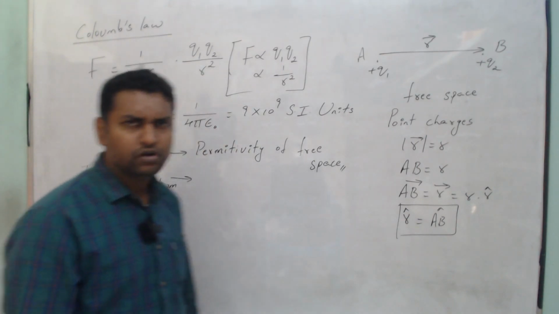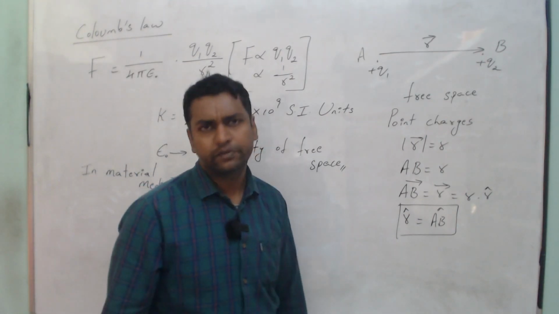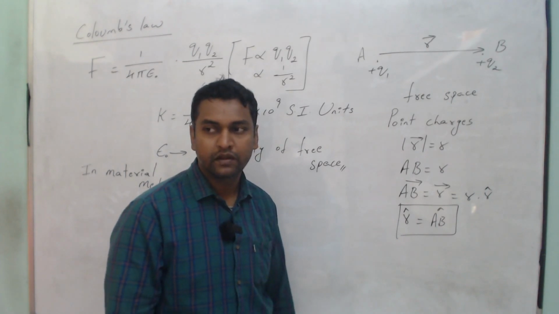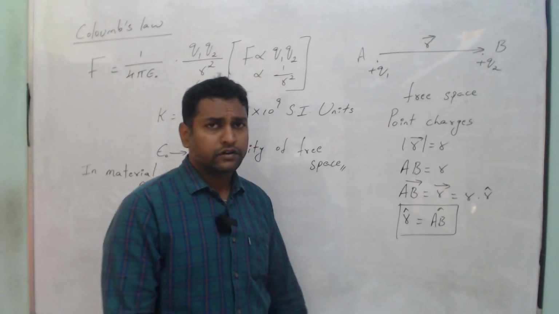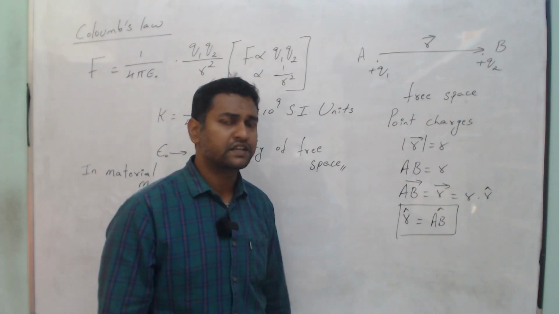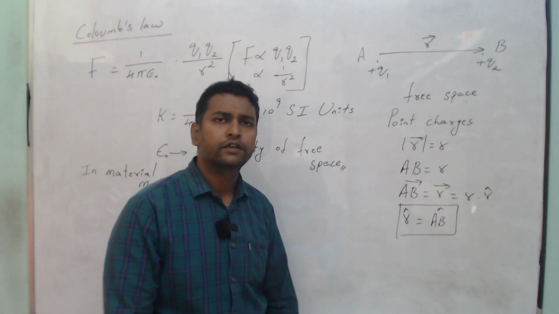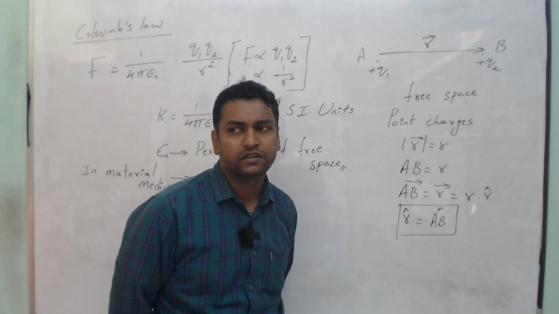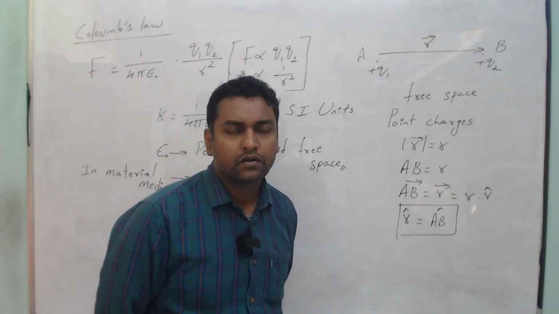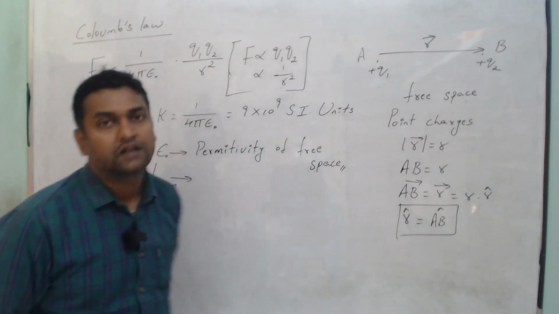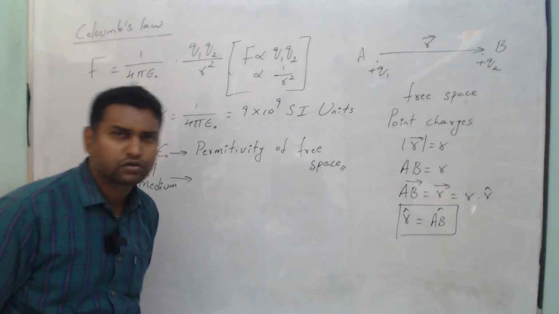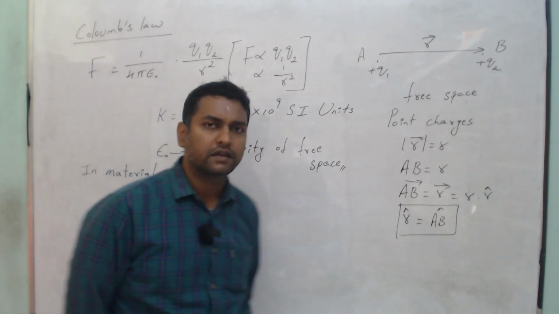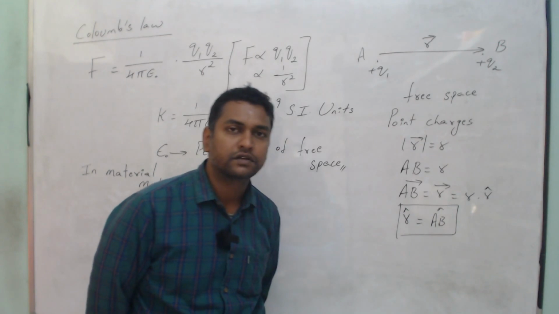Material in the sense what? The elements that we see in our periodic table, they are not there. Simply when I say atmosphere, you already know it has oxygen, sulfur, phosphorus, nitrogen, carbon, carbon dioxide, carbon monoxide, all these things are there in air, which we call atmosphere.